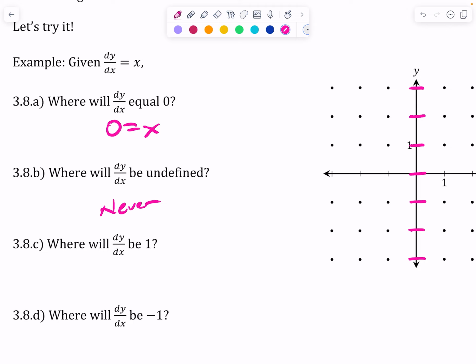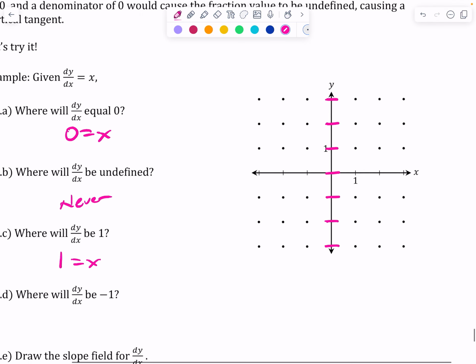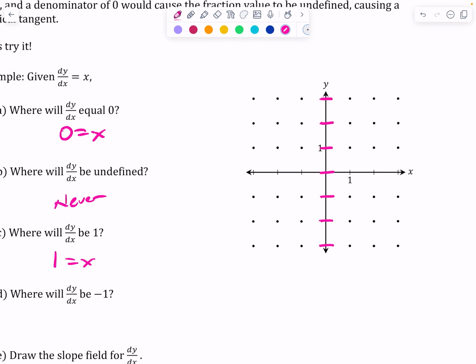Where will dy/dx be 1? Replacing dy/dx with 1, it's wherever x is 1. Okay, since dy/dx is the same as x, that makes sense. So whenever x is 1, we're going to have a slope of 1, so we draw little segments showing a slope of 1.